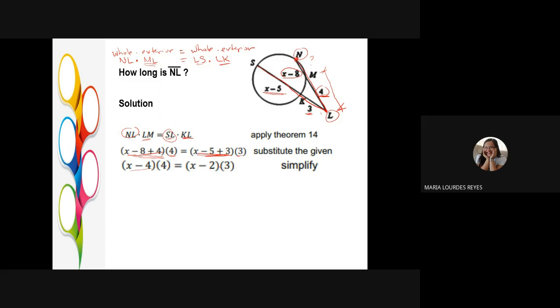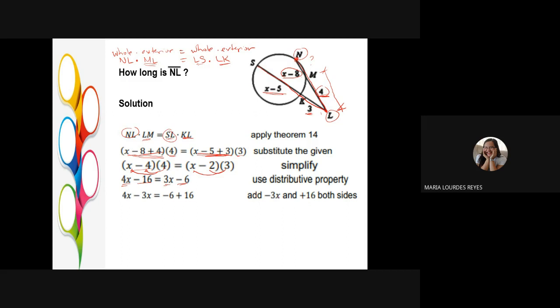Then bring down x. The next process would be the same as what we did in the previous slides. We distribute. So, what happened? The 4 was multiplied by x, so it became 4x. 4 times negative 4, that's negative 16. 3 times x is 3x. 3 times negative 2, that's negative 6. And then, it says here, add negative 3x and positive 16 on both sides.